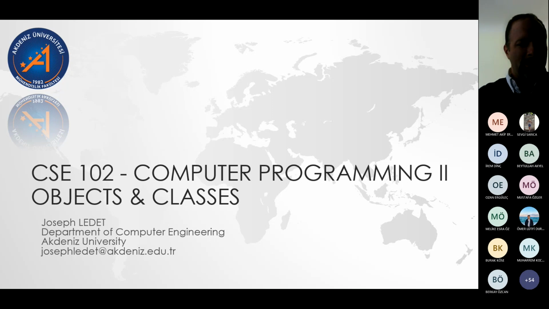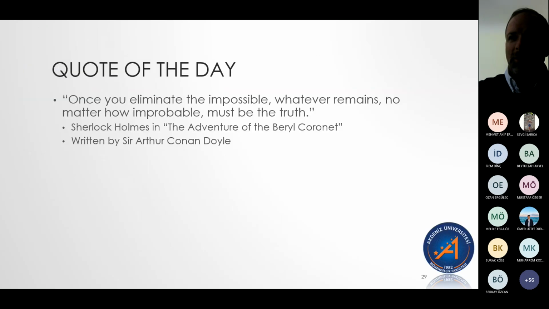So Kadir, you were in my last lecture, so you'll have a good frame of reference. Let's get on into objects and classes. But first, quote of the day from Sherlock Holmes, written by Sir Arthur Conan Doyle. This is the same quote as my earlier lecture. I'll try not to do that as often. I'll try to have different quotes, especially since many of you are in both classes.